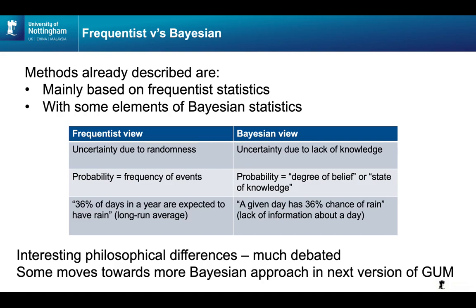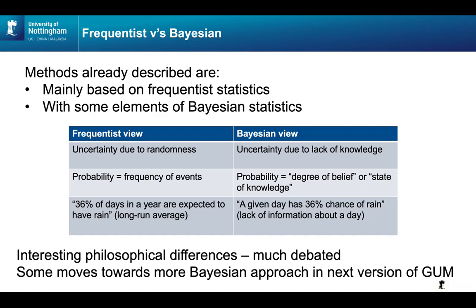So what's the difference between the two? The frequentist method is basically saying that the uncertainty is due to randomness, whereas Bayesian is saying it's due to a lack of knowledge. It's a subtle difference. In frequentist, we say the probability is equal to the frequency of events, and in Bayesian, we say it's the degree of belief or the state of knowledge. So with Bayesian approaches, we tend to bring in all of the a priori information that we might have about a measurement scenario or an uncertainty calculation, and use that as well.